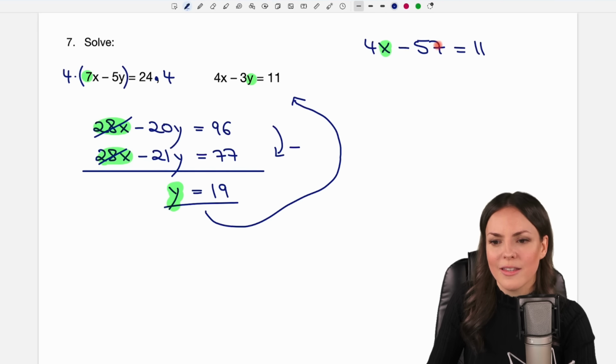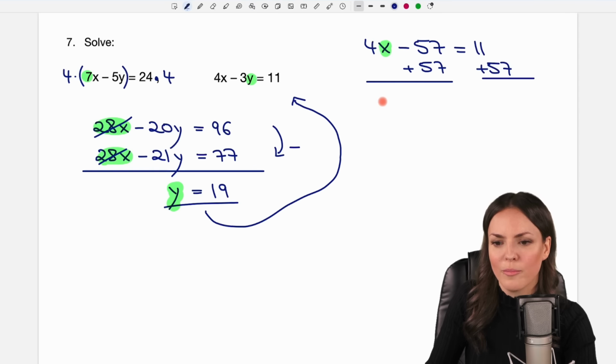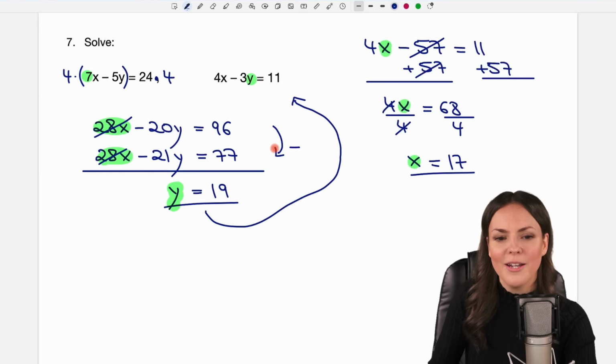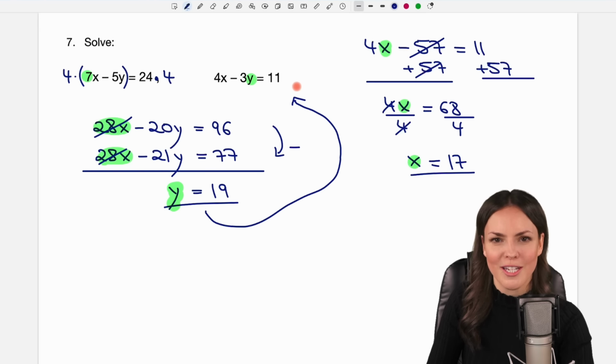By bringing this on the other side, by adding the 57 on both sides, then I have my 4x here. This cancels out. On the other side, I have 68. Now I want to get rid of the 4, so I divide both sides by 4. I have my x here, and 68 over 4 equals 17. And so I found my x as well and also solved this last question.